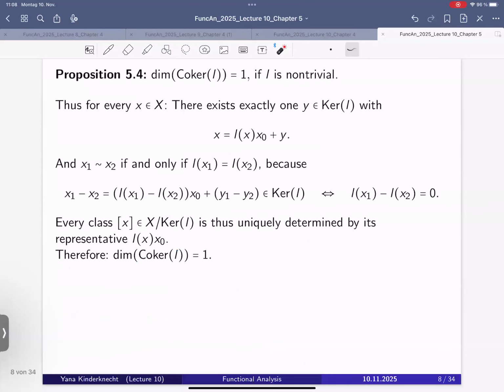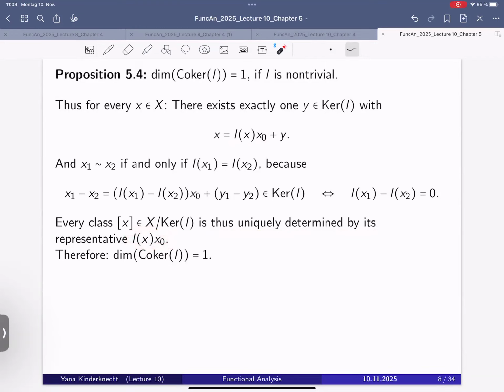Okay, so a kind of conclusion: every class, so every element which belongs to this quotient space or factor space, two notions for the same object, is thus uniquely determined by its representative L of x times x0.